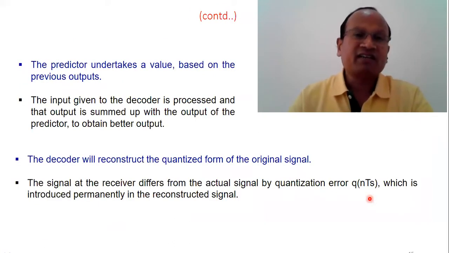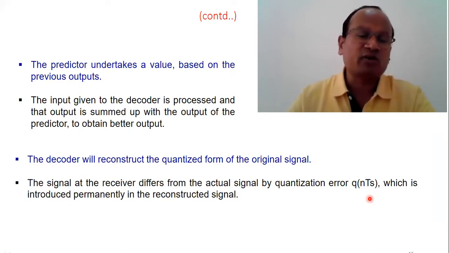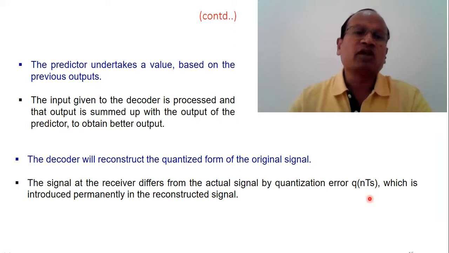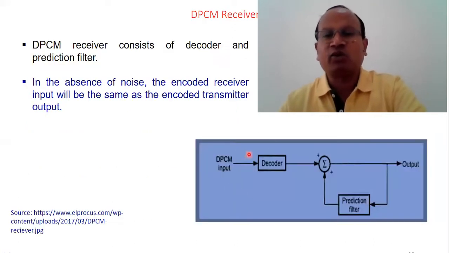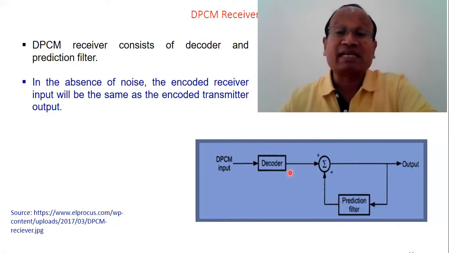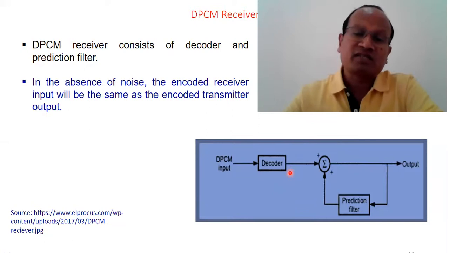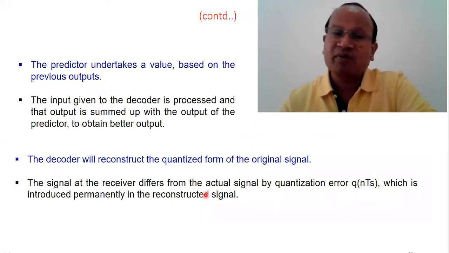The predictor produces a value based on the previous output. The input given to the decoder is processed, and the output is summed with the output of the predictor. The decoder will reconstruct the quantized signal from the original signal. The main role of the decoder is to reconstruct the signal which was encoded, and the signal at the receiver may differ from the actual signal.